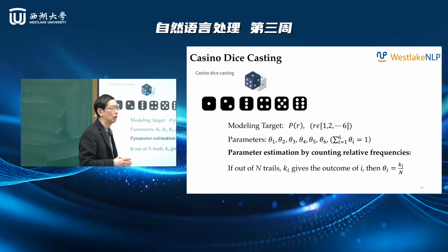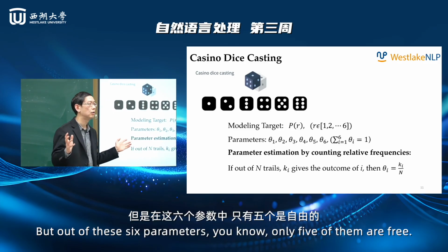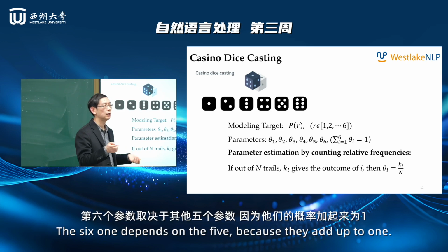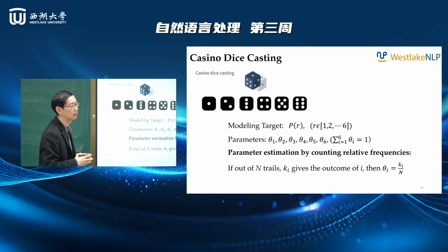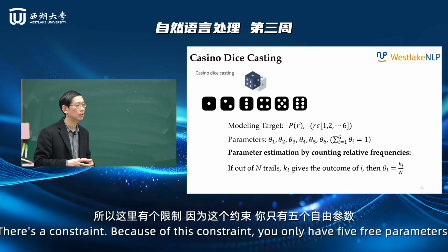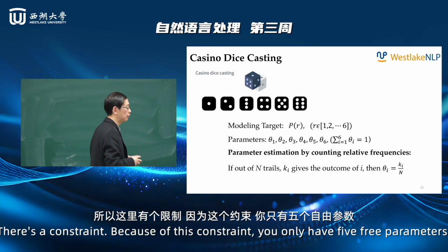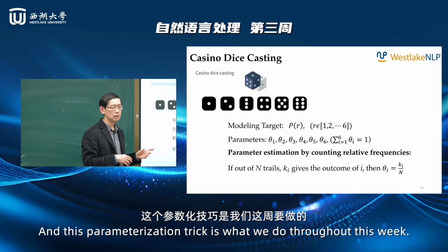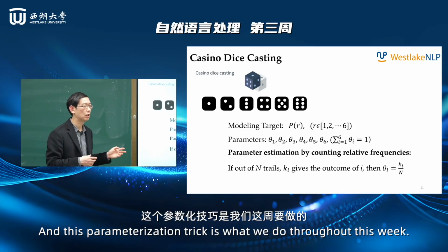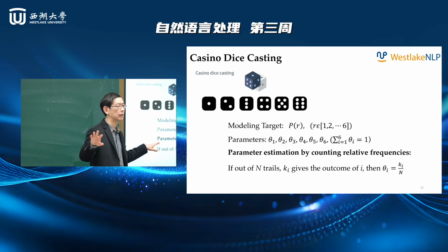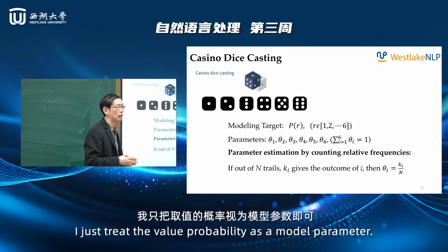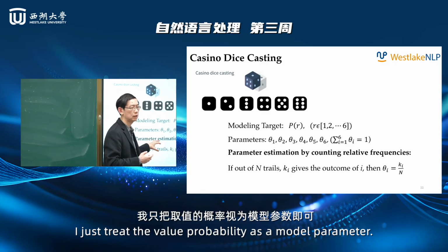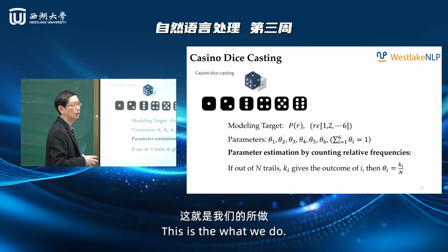But out of these 6 parameters, only 5 of them are free. The 6th one depends on the 5 because they add up to 1. So there's a constraint. Because of this constraint, you only have 5 free parameters. And this parameterization trick is what we do throughout this week. Whatever the random variable values are, I just treat the value probability as a model parameter. This is what we do.